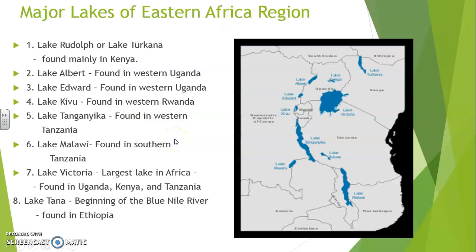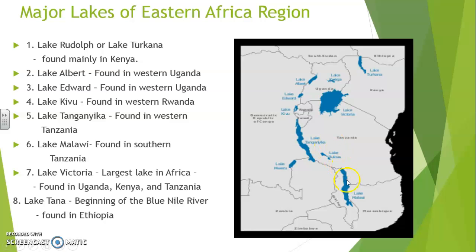The major lakes, as I mentioned before, lots of lakes in this region. You'll have to label on your sheet. And I'll ask for the lakes, not the largest one. So here's Lake Rudolph in your book. On maps today, it's Lake Turkana. Then Lake Albert over here. Then Lake Edward. Then Lake Kivu. Here's Lake Tanganyika, which has the T-A-N for Tanzania.